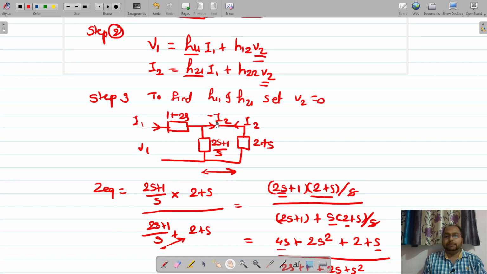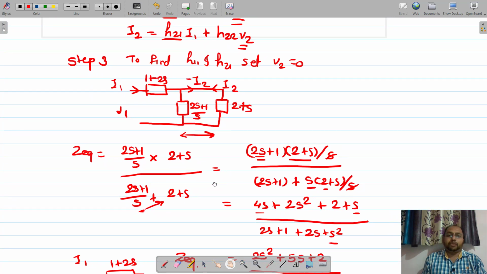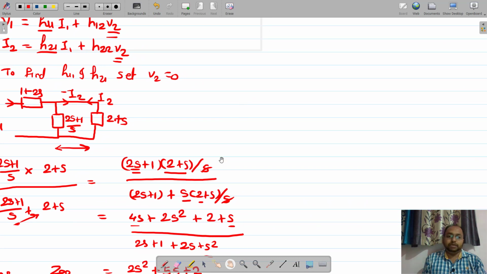Are you getting it? Therefore, minus I2 is equal to I1 into, so up to this point the I1 is going to come and then it is going to get split.